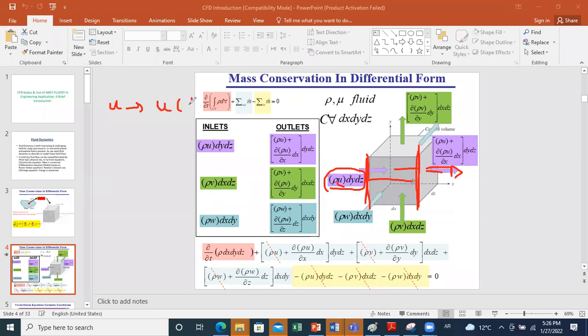If I take a position x and another position very close to it, the distance between these two faces is dx.